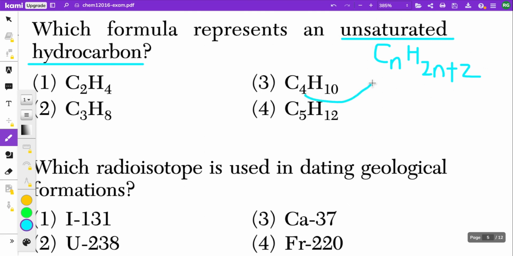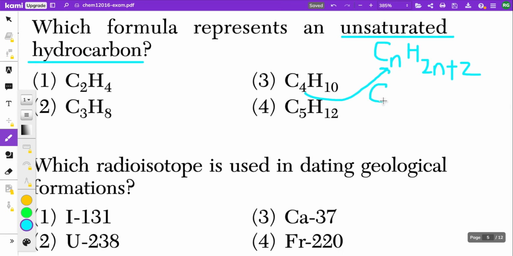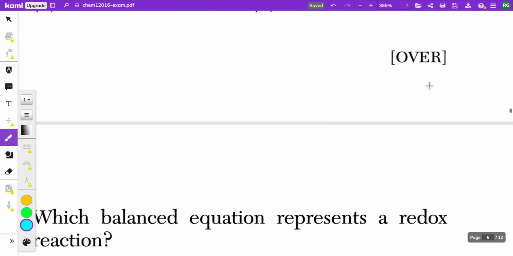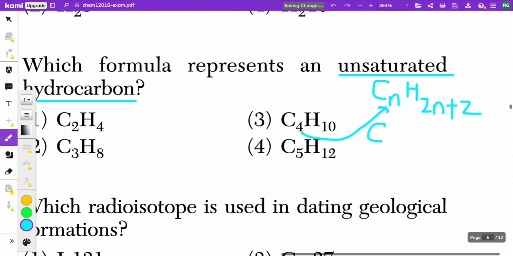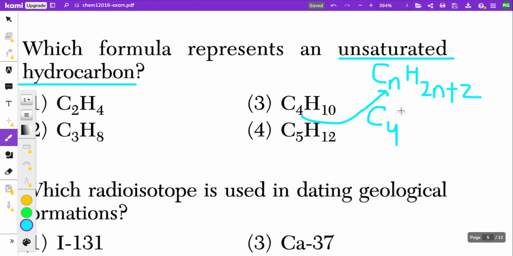If we plug in 4 in answer choice 3, you're going to get C4, and then you plug in 4 for the n in this one, you get C4H10. So this hydrocarbon does follow this formula, which means that this can't be your answer.